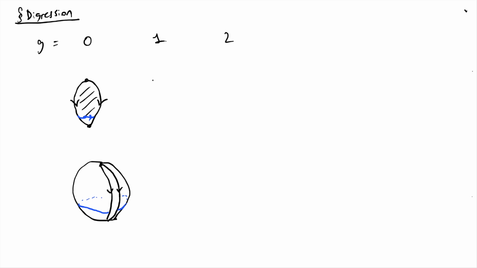And for genus 1, what you do is you use 4 edges instead of 2. You identify the opposite edges. And again, you take the interior of this thing. So here, if you were to identify the opposite edges first, you would get a cylinder.